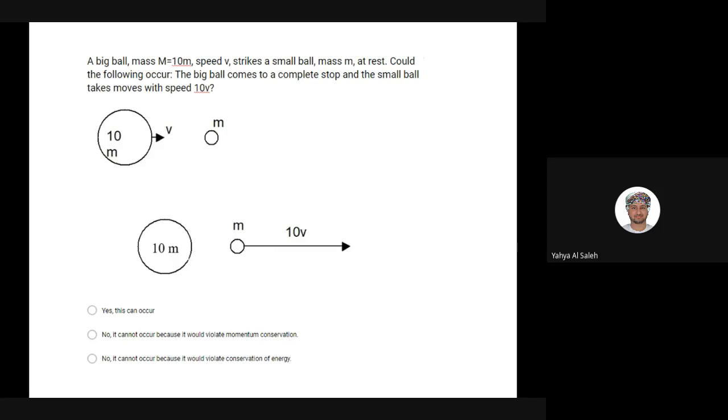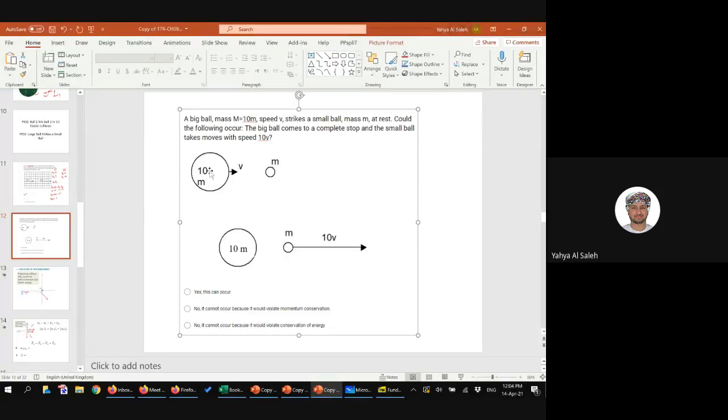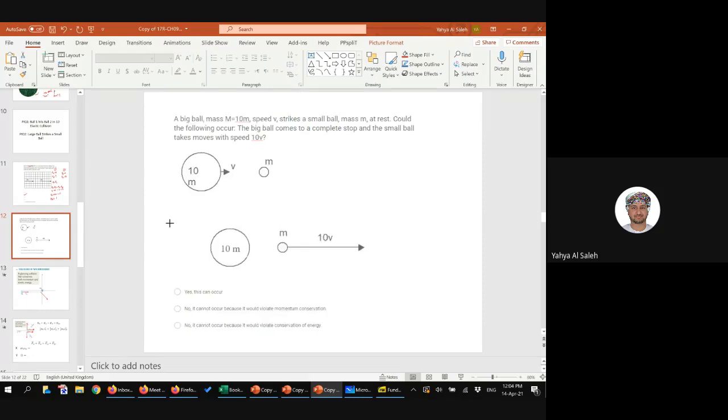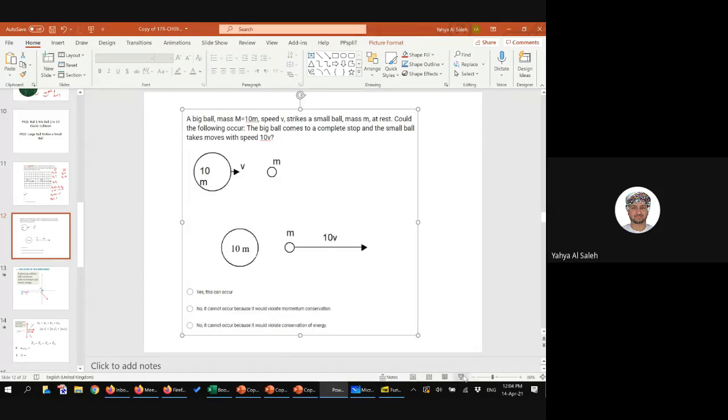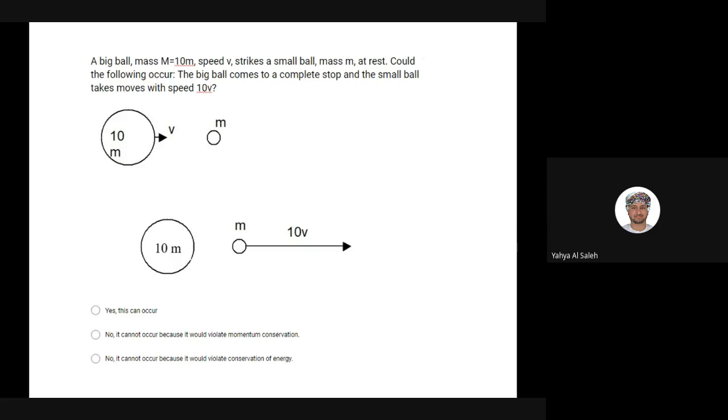So assuming it's an elastic collision, can this ball, which has a velocity of v, hit a stationary ball with just mass m, stop completely, and ball m moves at 10v?